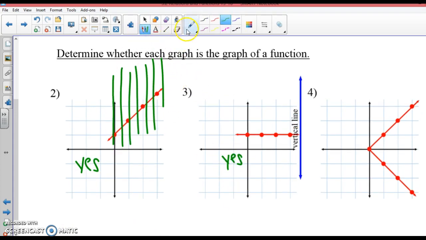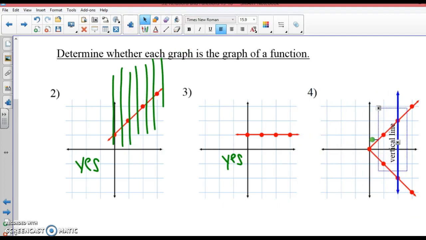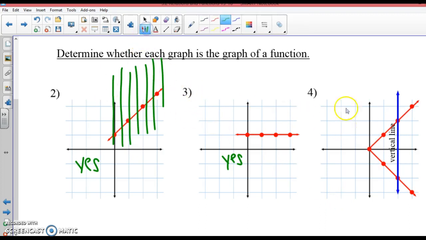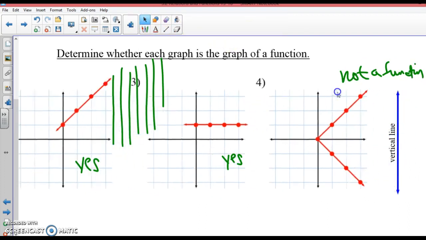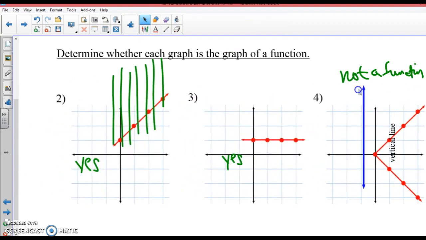Now, I can go back here. Take this vertical line. How many times does that vertical line touch that function or that picture? Twice. So is this a function? Not a function. It fails the vertical line test. Now, let's talk about why that is.